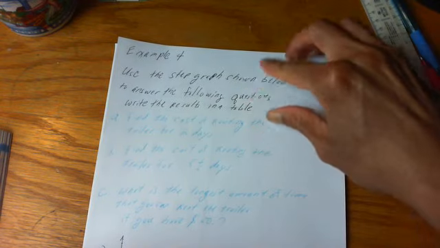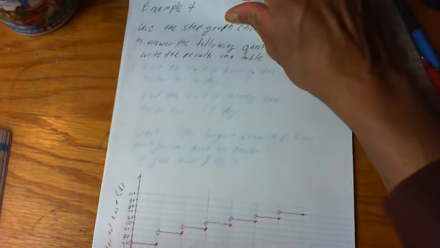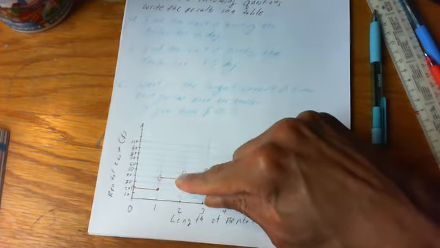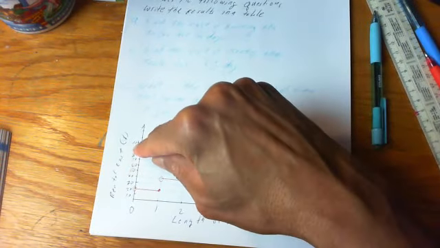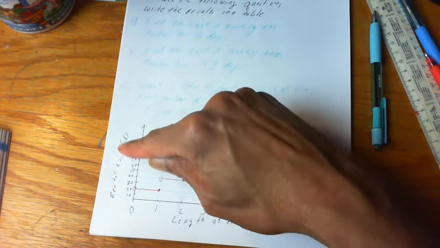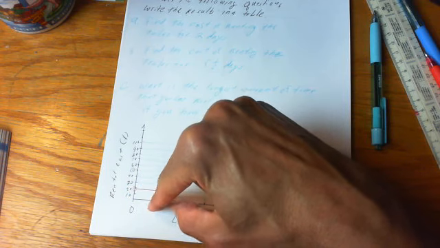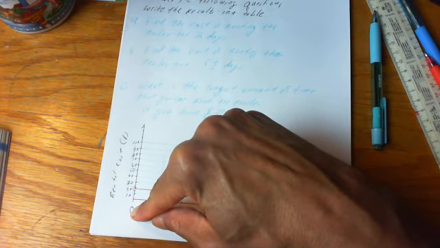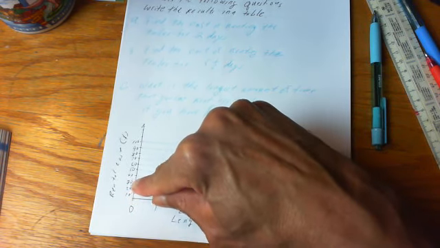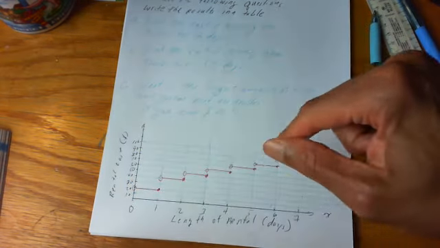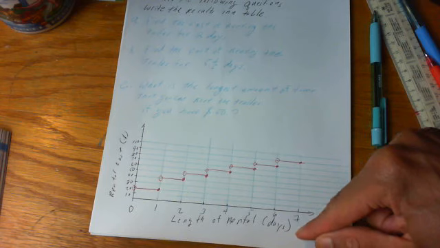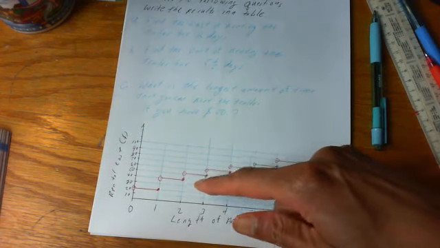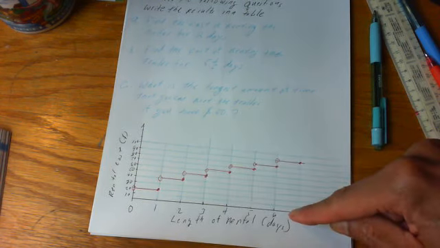So we have these questions and our graph. If you look at our graph, we can see the rental costs here. These are the numbers of dollars beginning from 0, 10, 20, 30, up to 100. And at the bottom, we have the length of rental days from 0, 1, 2, up to 7.